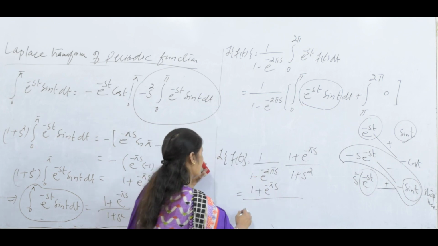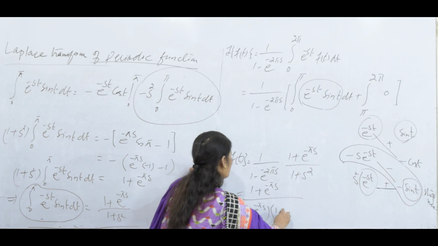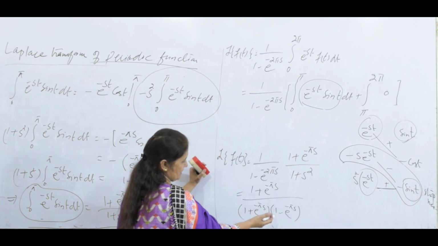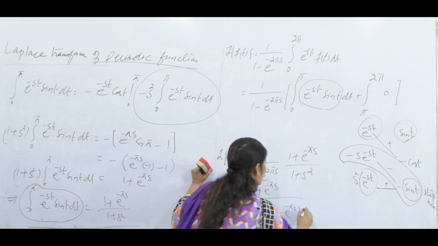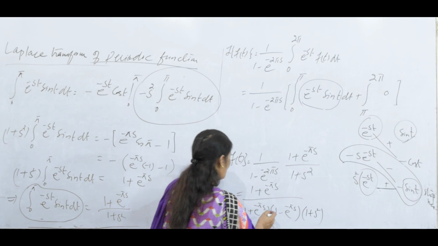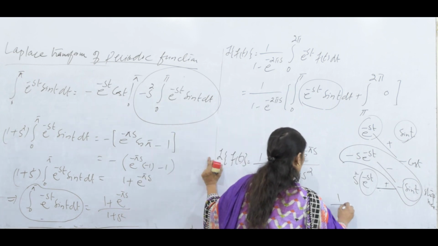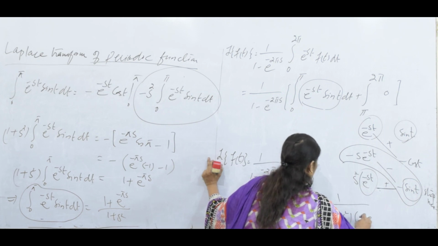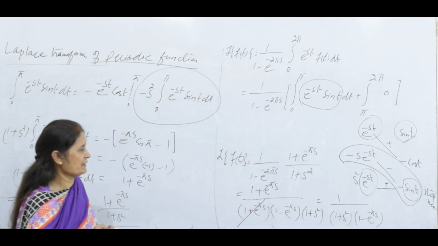This is 1 plus e to the minus pi s times 1 minus e to the minus pi s. A plus b, a minus b: if you apply the formula, you get this back. So this is 1 plus s squared. If you can cancel this, this is 1 over 1 plus s squared times 1 minus e to the minus pi s. This is going to be the answer.